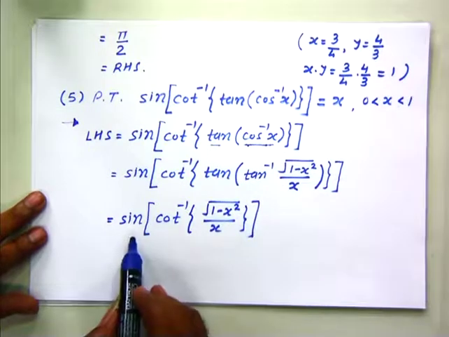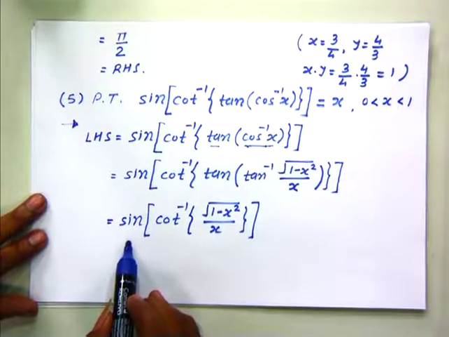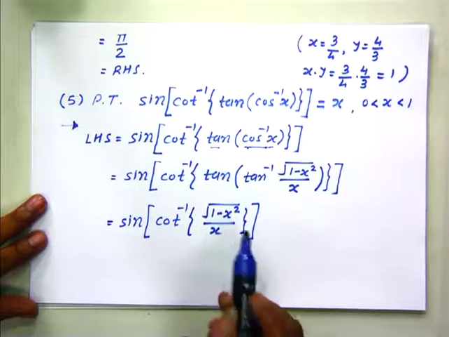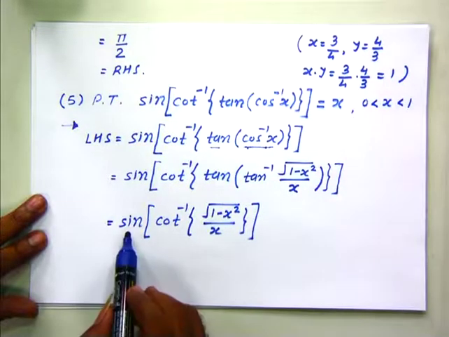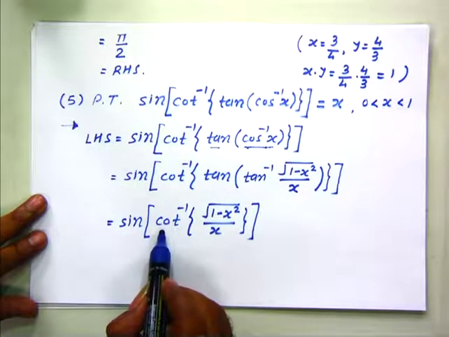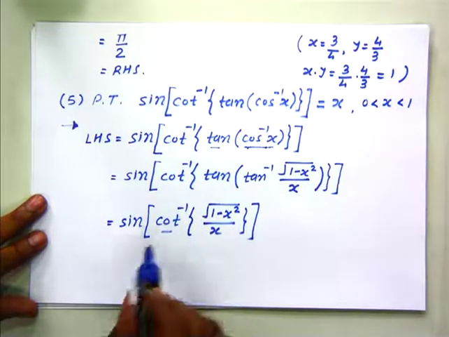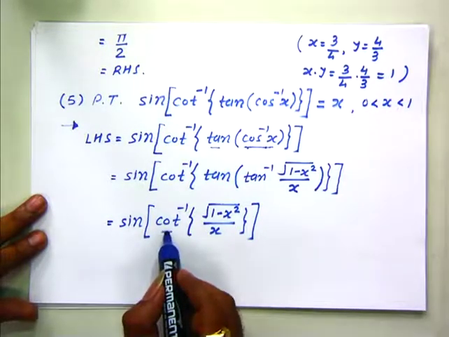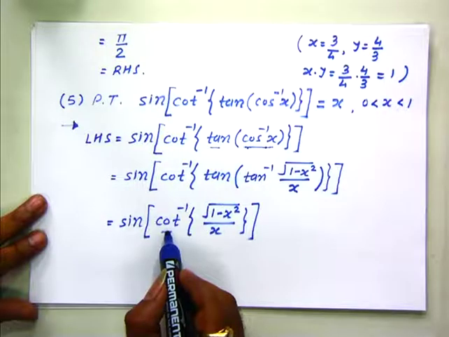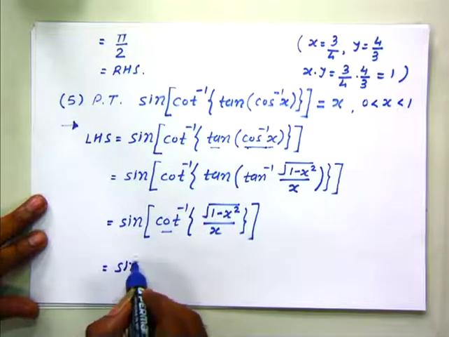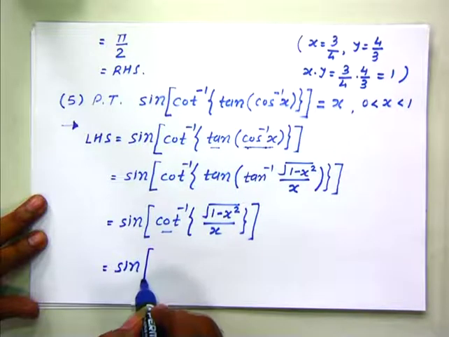Now we have this result, sine of cot inverse square root 1 minus x square upon x. Now remove this sine and cot inverse. We have to convert this cot inverse in the form of sine inverse. So we cannot directly convert this cot inverse in sine inverse, but first we have to convert this cot inverse in tan inverse.